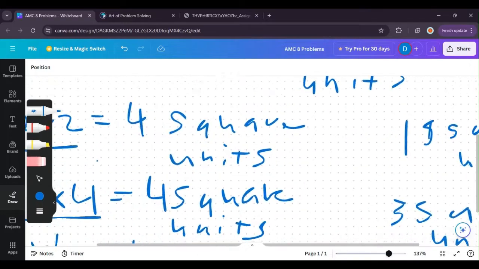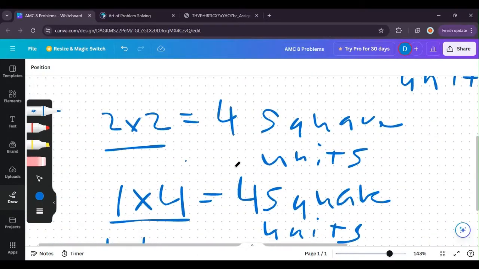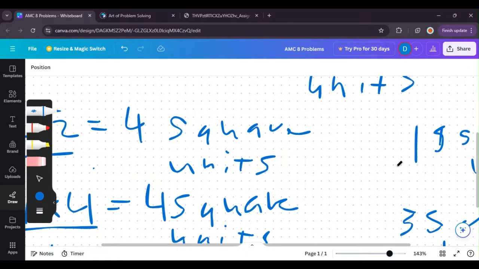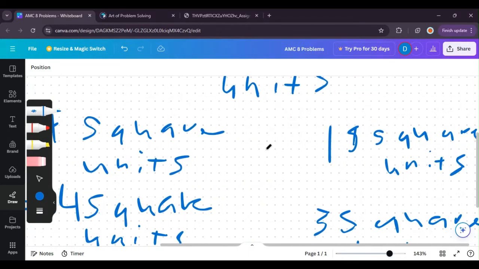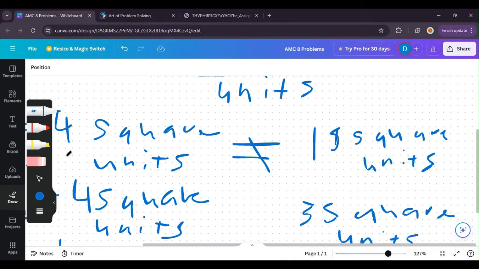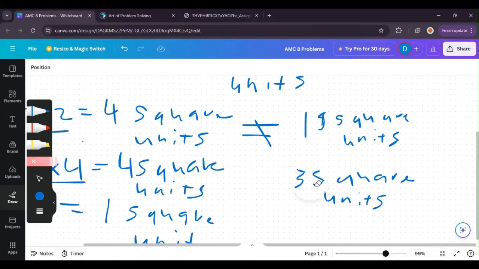Since both the 2x2 and 1x4 cover 4 square units per tile, they cannot cover 18 square units. There's no possible way because it's not a multiple of 4.